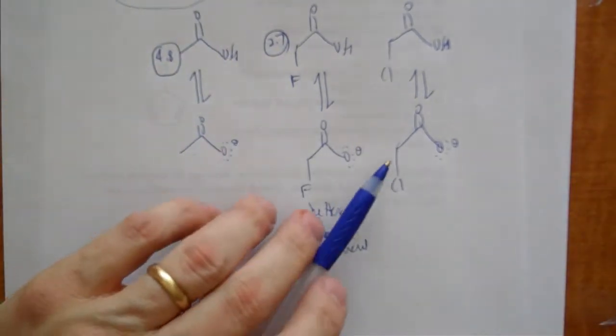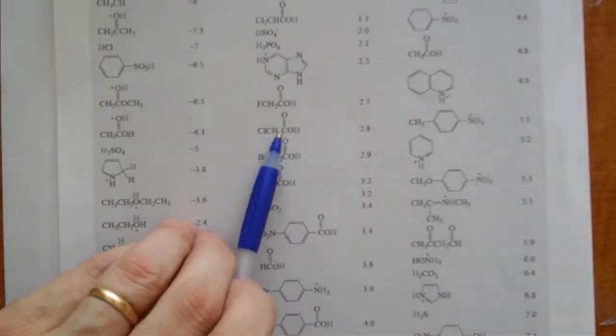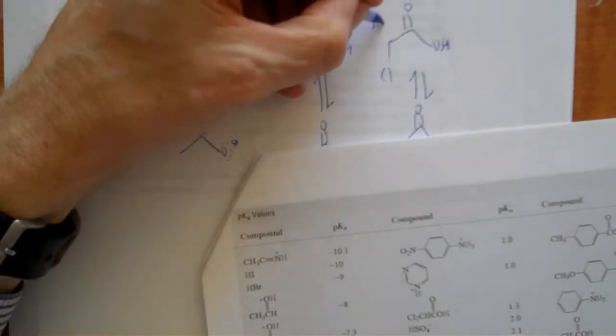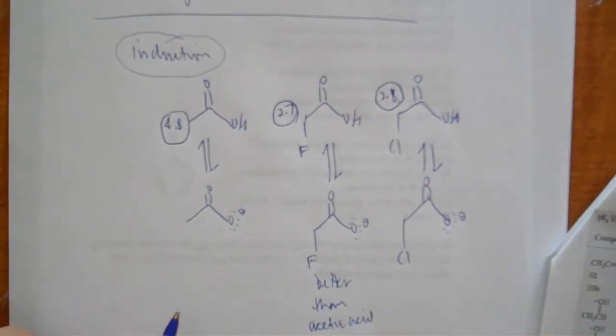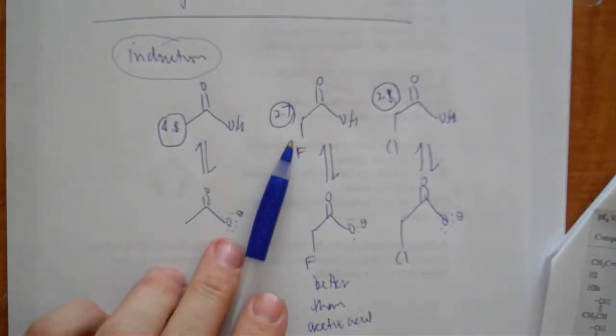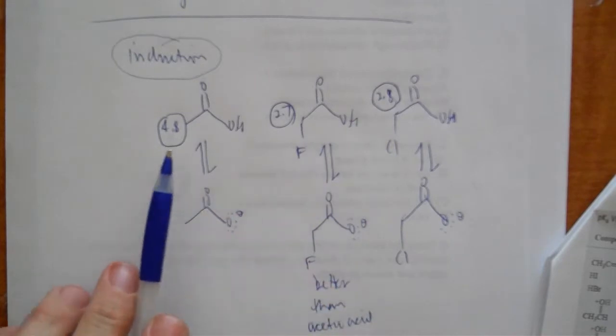And chloroacetic acid is right next to it, 2.8. So we know that the fluoro compound is the strongest acid of all of them because it has the lowest pKa. Let me say that again: this is the strongest acid because it has the lowest pKa. I explained that in a previous video. That's the next strongest acid, and that's the weakest of all 3 of these.